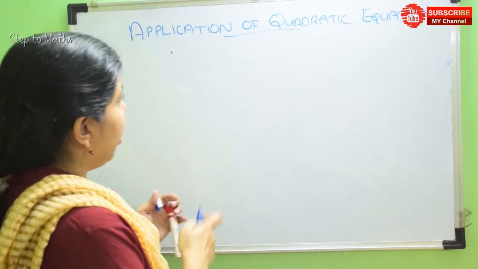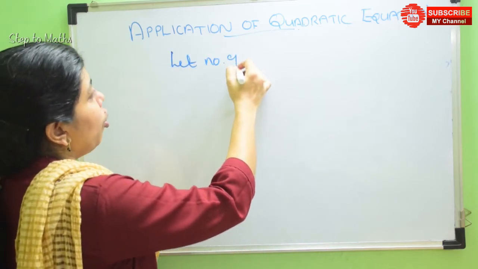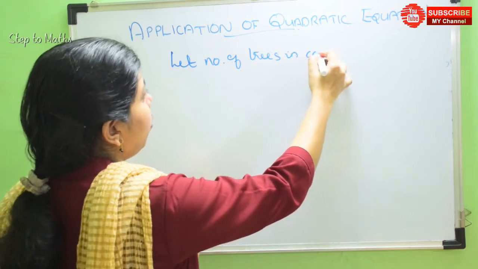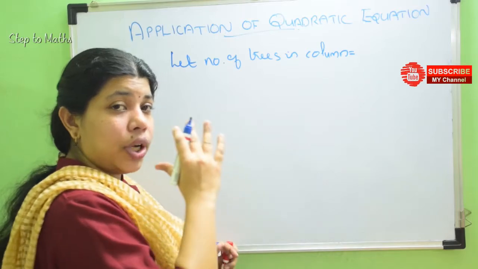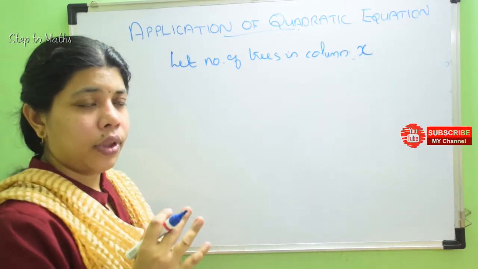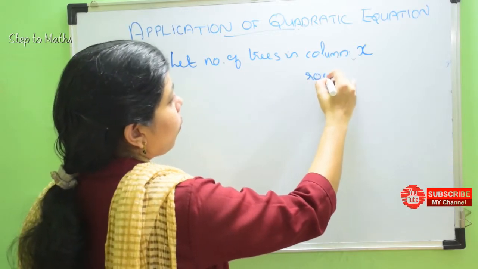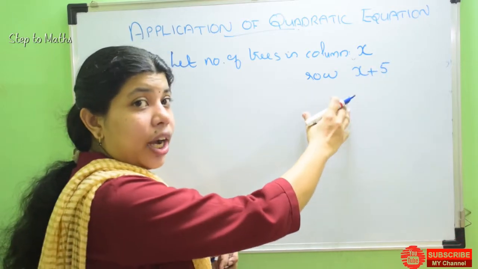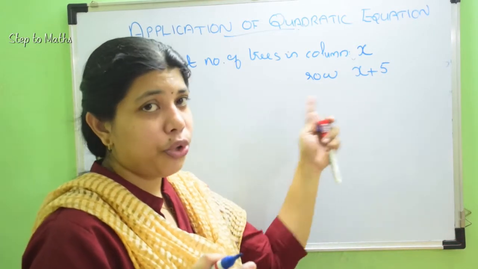Let the number of trees in a column, according to the flowchart, be taken as X. Then the number of trees in a row is X plus 5, that is the given condition. 5 trees are more in the corresponding row.